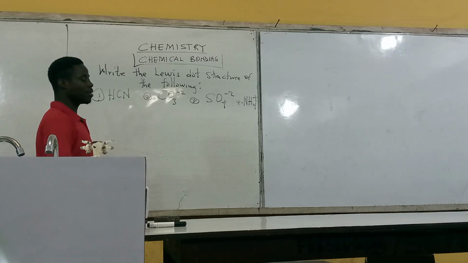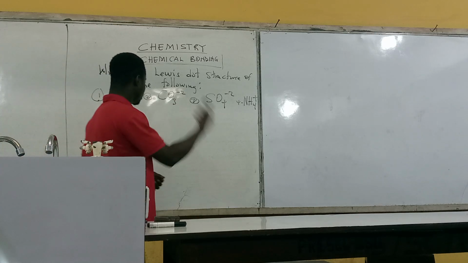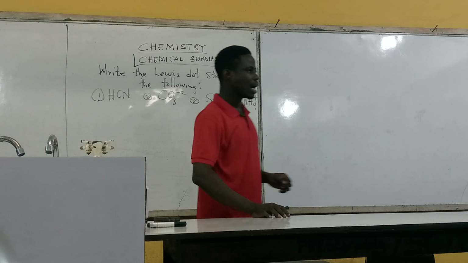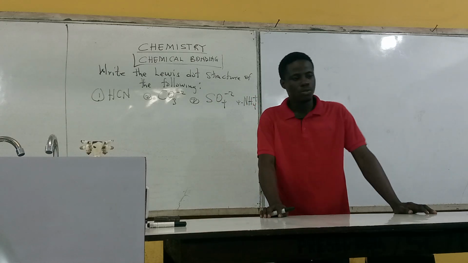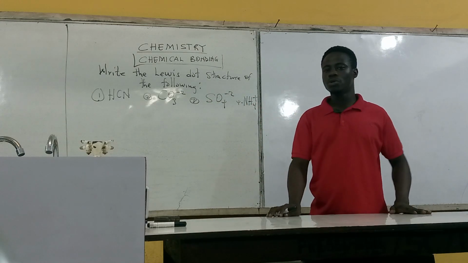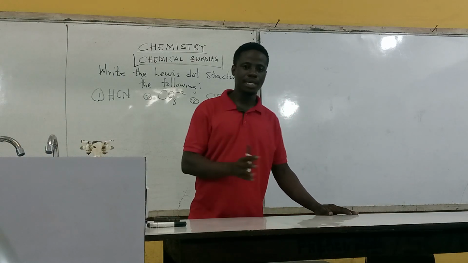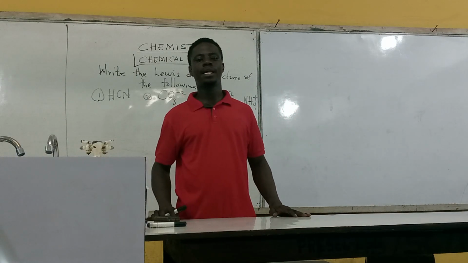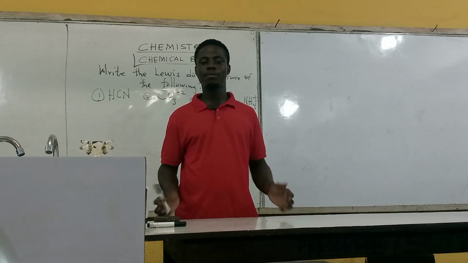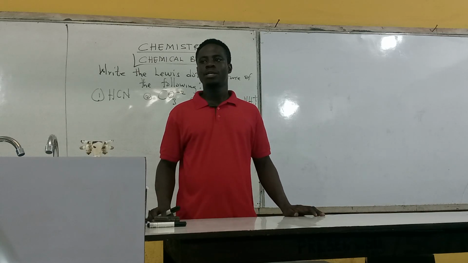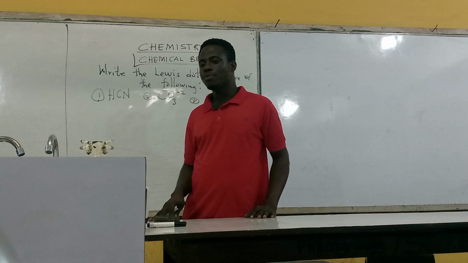The first one is hydrogen cyanide, then trioxocarbonate(IV) ion, tetraoxosulfate(VI) ion, and ammonium ion. You need to get some basic concepts so that you can easily write the Lewis dot structures of these. You can see some of them are radicals. So let's begin with the first example.